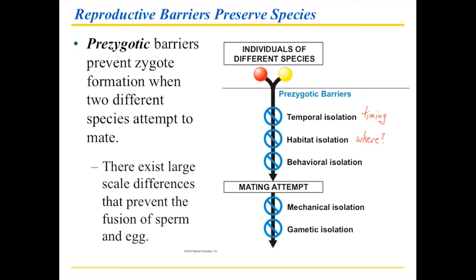And mechanical isolation means that the reproductive structures don't work. This could be that two plants that are very similar have pollen grains that are too large for the other plant. Well, then mating can't take place. Or perhaps it is the actual reproductive structures. They just don't fit. The male and the female, they're not compatible. And so in each case, you would have mechanical isolation.